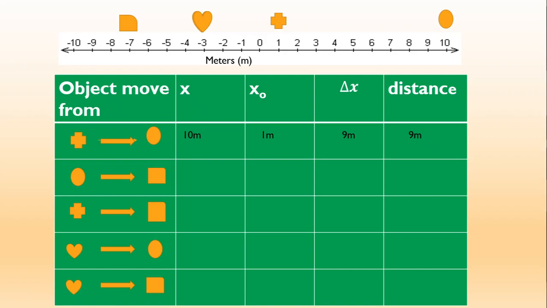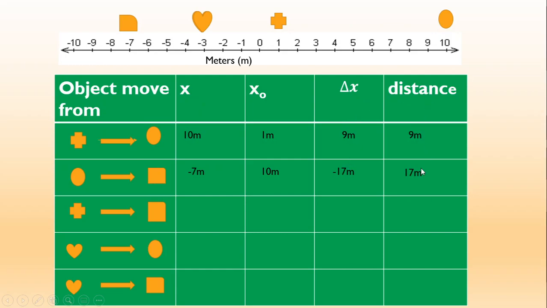If you're going from the oval to the square, your final position is -7. Your original position was 10 meters, so -17 is your total displacement, which is negative, so it can be negative.